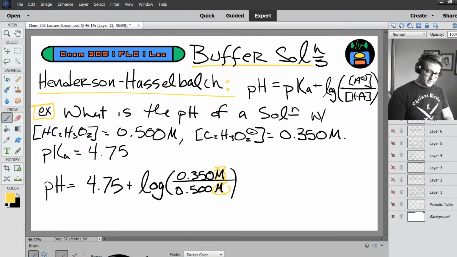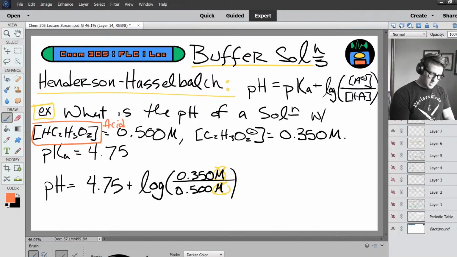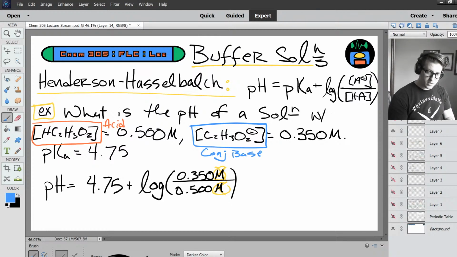The reason why is, remember, this is the acid, and this is the base, the conjugate base. And in the Henderson-Hasselbalch equation, conjugate base is on top, weak acid is on the bottom. So that's why we put the acid molarity on the bottom and the base molarity up top.